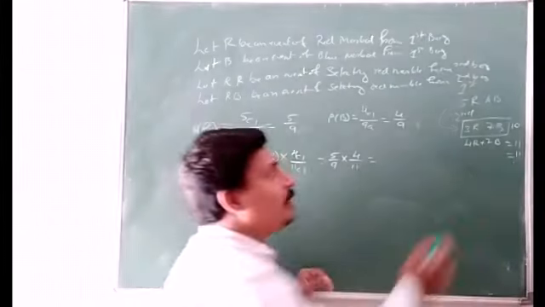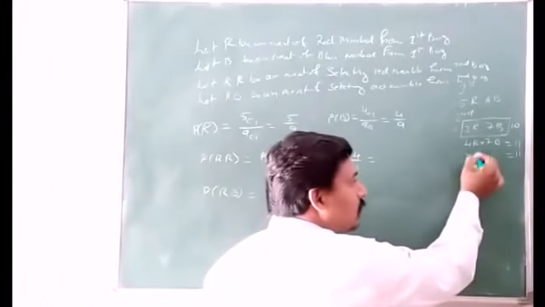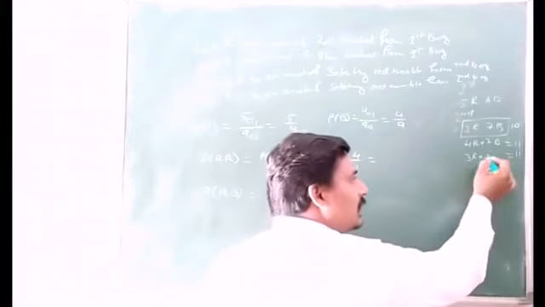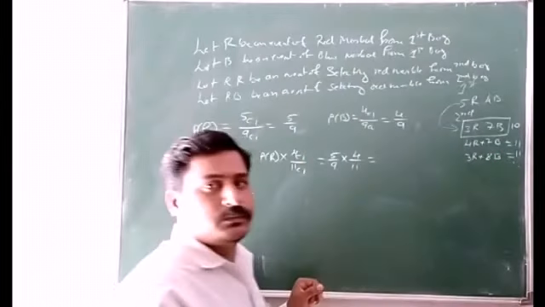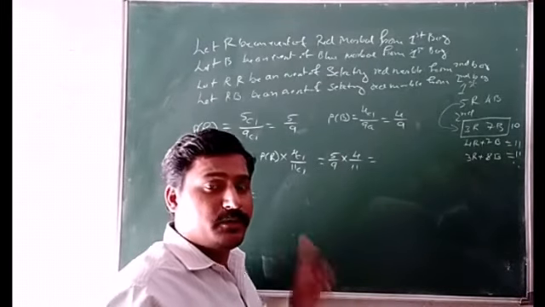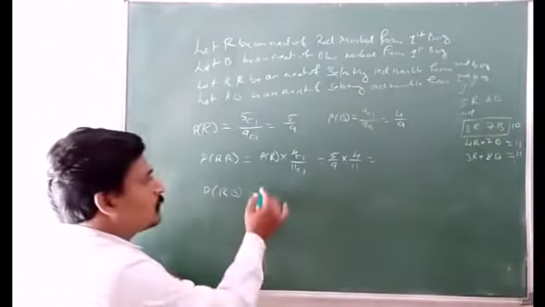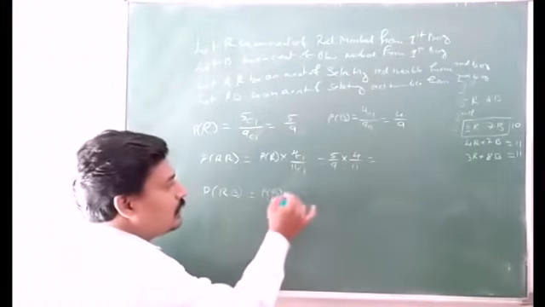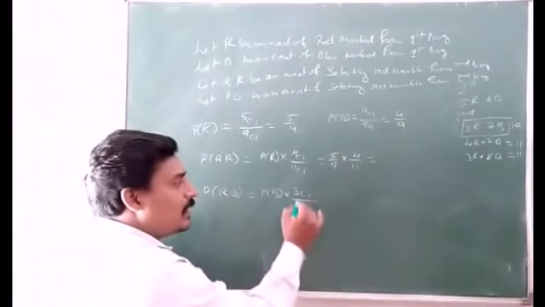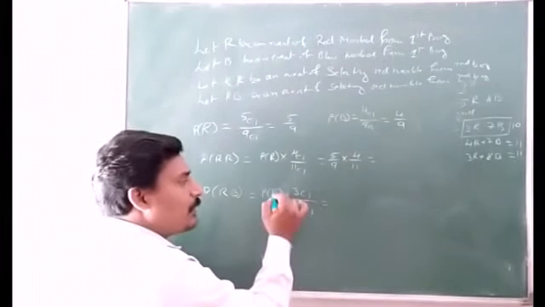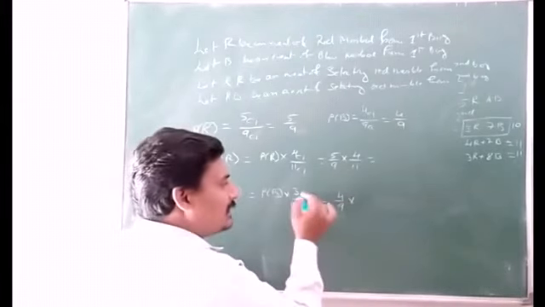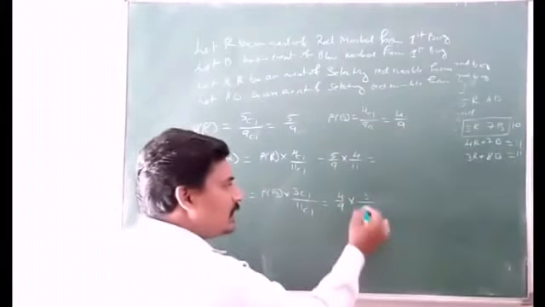Red will remain 3 marbles only, but blue marble will increase by 1, that is 8 blue marbles. So probability of blue marble into red, 3 now, 3C1 divided by 11C1, that is probability of blue marble is 4 by 9 into 3C1 is 3 divided by 11C1 is 11.